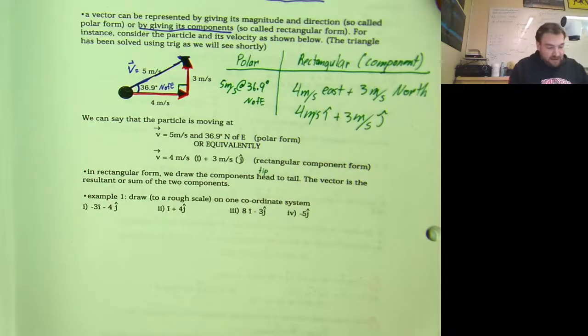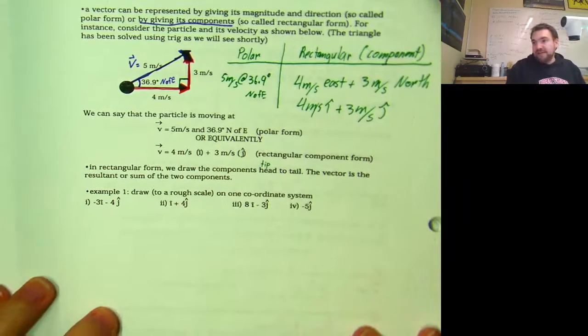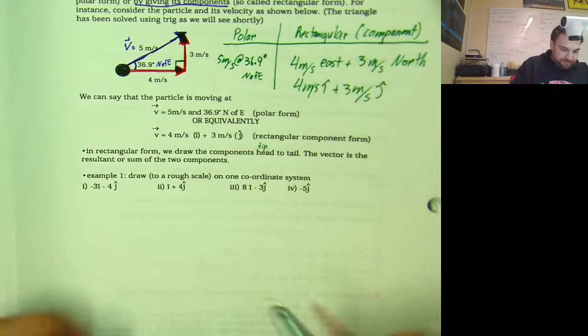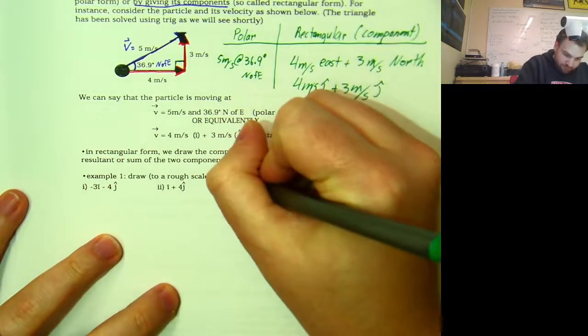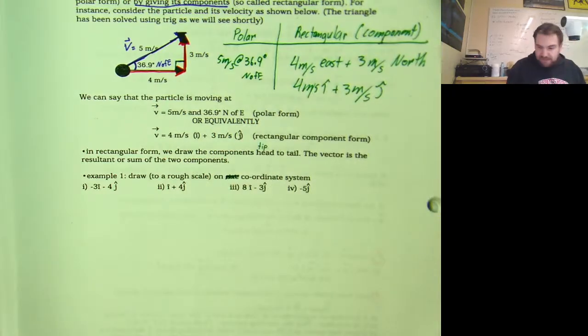So if we want to look here at converting rectangular to polar, this is what it's going to look like. We're not going to do all of these on one coordinate system. You know what? Why not? Let's do it.